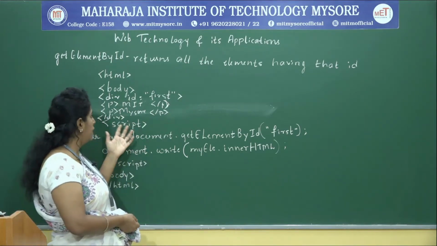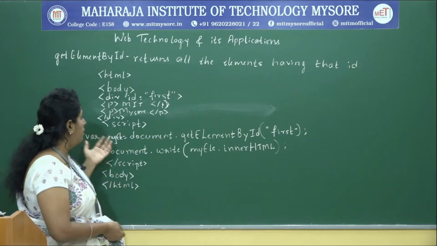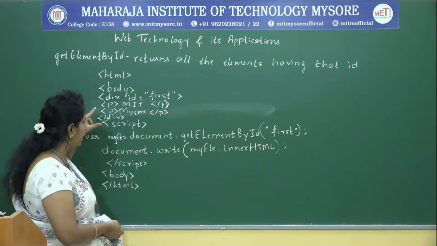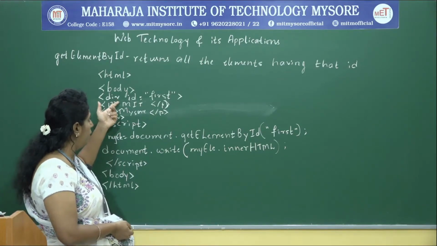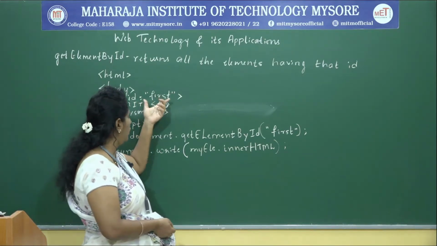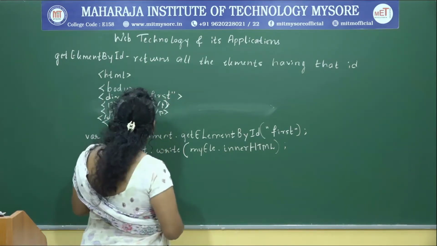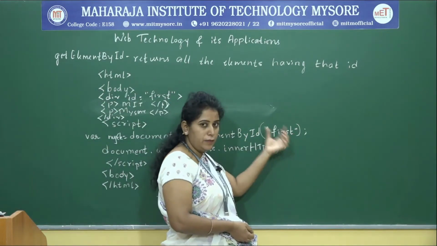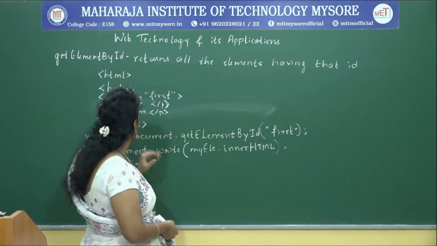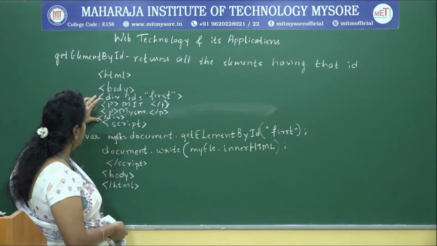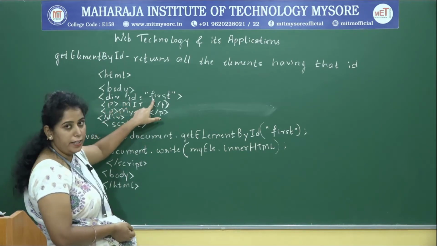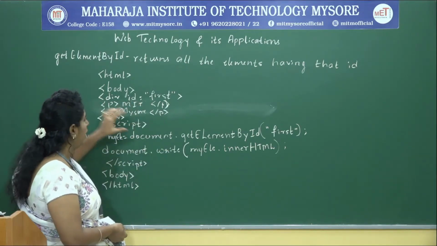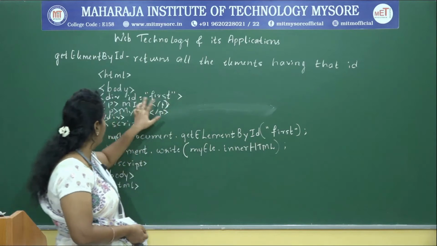Is there a difference between the previous example and this example? Yes. In the previous example I took only one paragraph. Now I am using a div element, and for this div element I have given the ID first. Inside the script I have passed the ID name first.